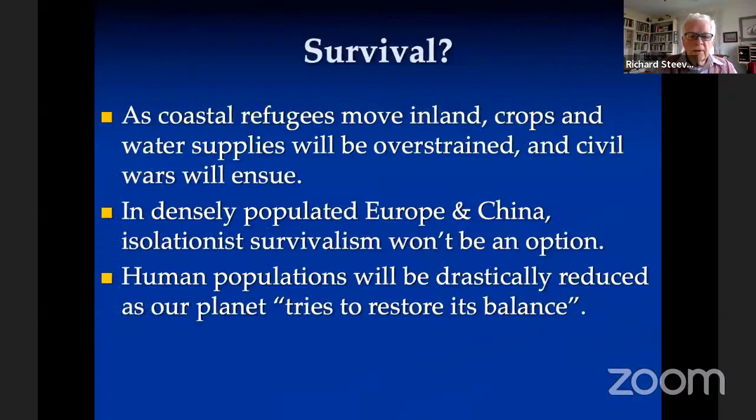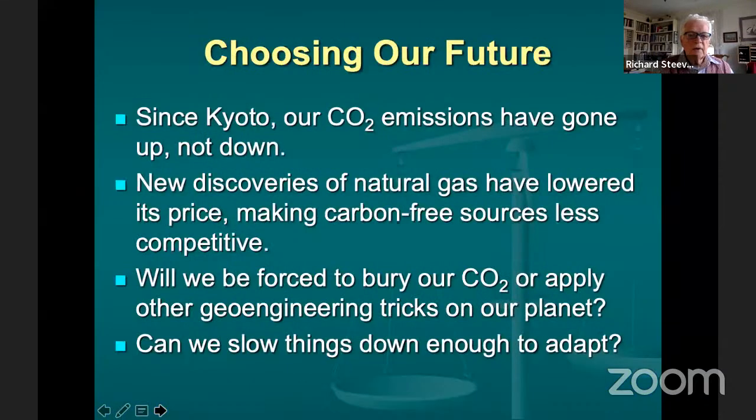Let me see now. Survival. As coastal refugees move inland, crops and water supplies will be overstrained and civil wars will ensue. Human populations will be drastically reduced as we try to restore our balance. Let's see if I can finish off these talks, because I'm just reading the old slides from years ago, but they're worth looking at.